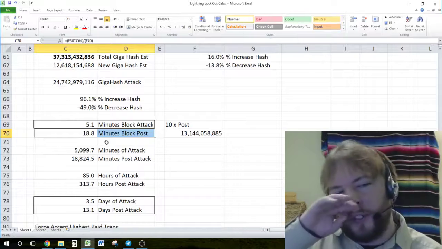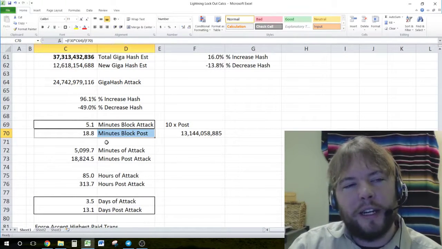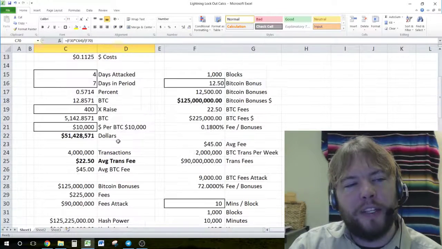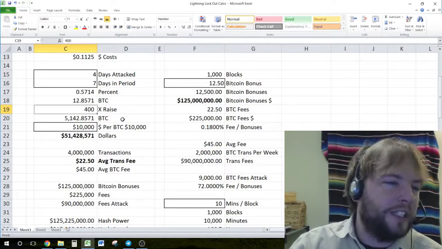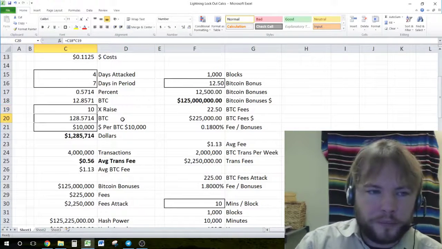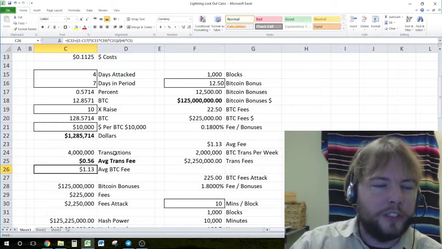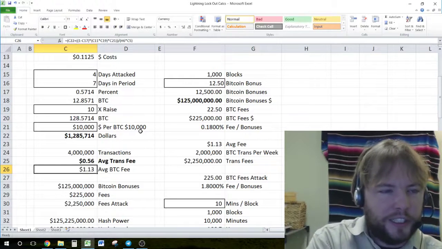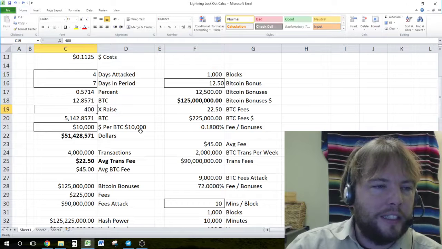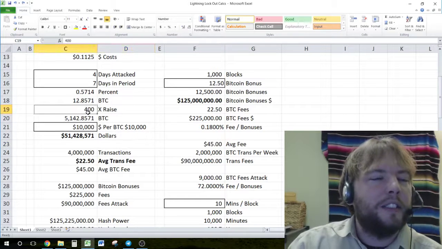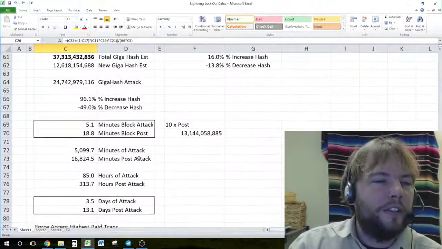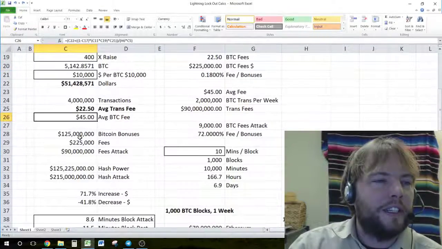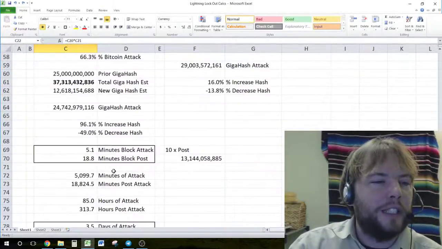But assuming it went for 2 weeks, and assuming that after the attack is over for that next period, people are happy to pay roughly 10 times what they were paying before, and 10 times will come out to like $1 average Bitcoin transaction at the $10,000 price. So in the attack, they're having to pay roughly $45 for an average Bitcoin transaction, and this costs the attacker roughly $50 million.